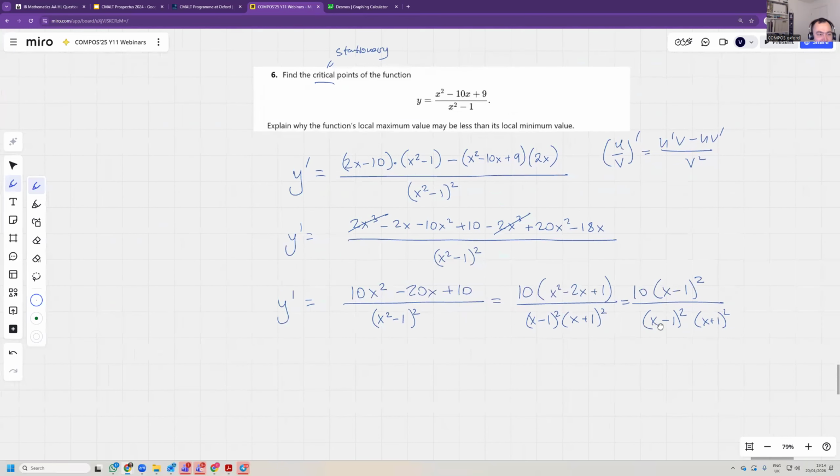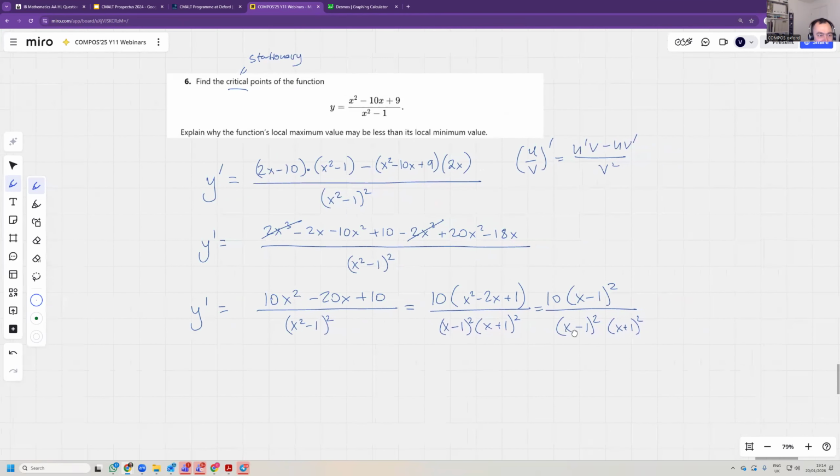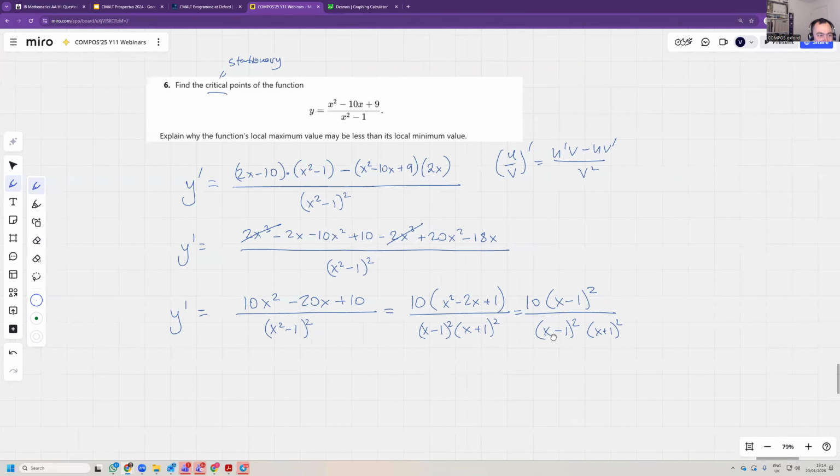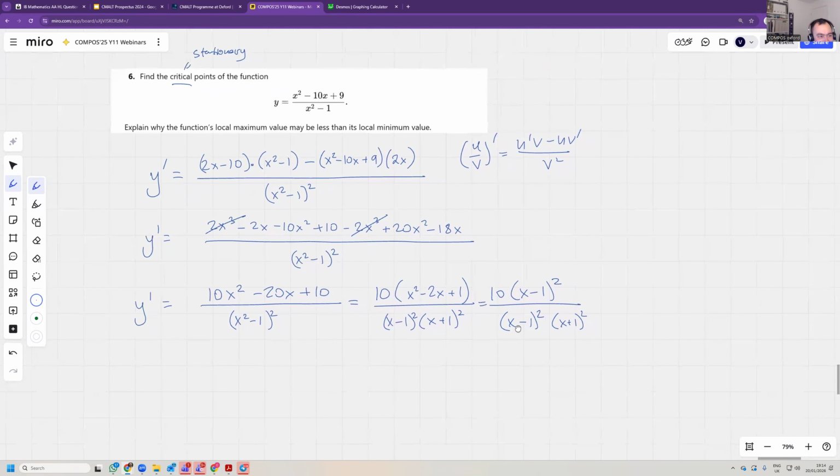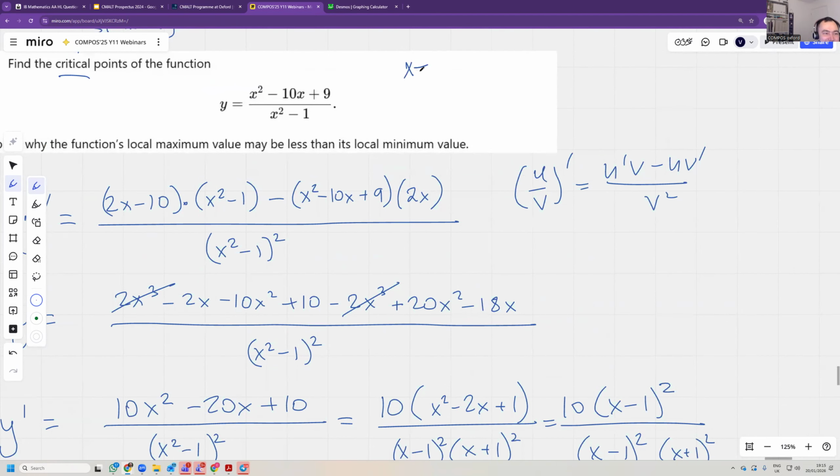So it looks like the function doesn't have any critical points because the function doesn't exist. So x is not equal to plus or minus 1. And if we simplify that, it's going to be x minus 1, x minus 9 divided by x minus 1, x plus 1.